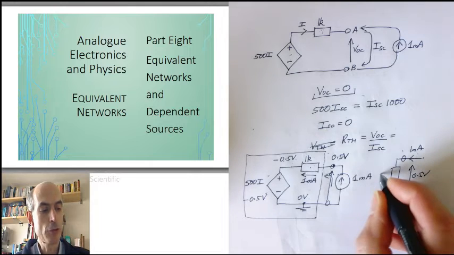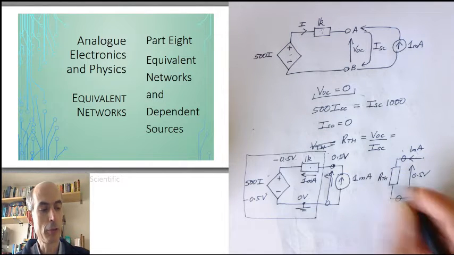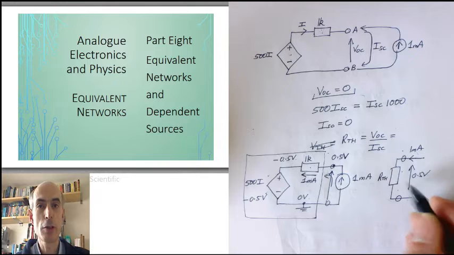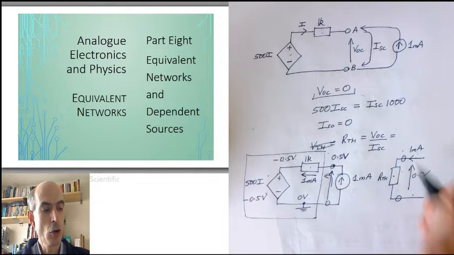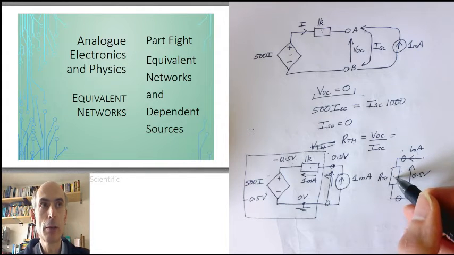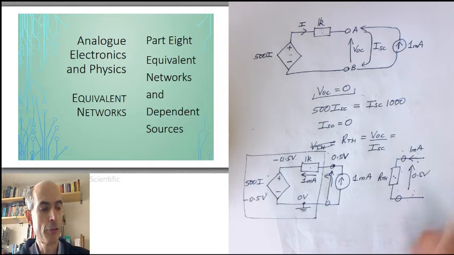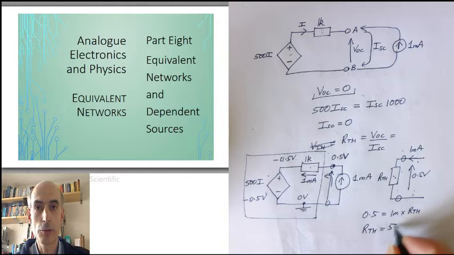So the value of this resistor, my Thevenin equivalent resistance, will just be the resistor for which 1 milliamp flowing through it produces a potential difference of 0.5 volts. 0.5 equals 1 milliamp times RTH, just Ohm's law again, which gives me RTH equals 500 ohms.